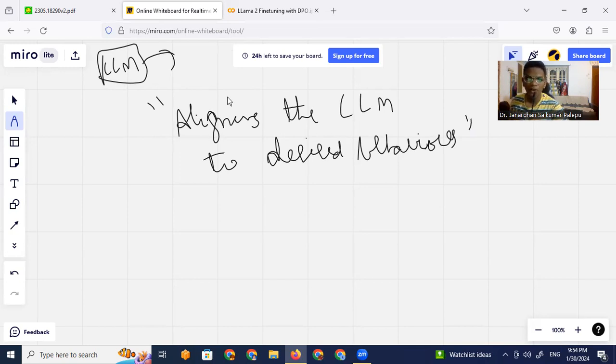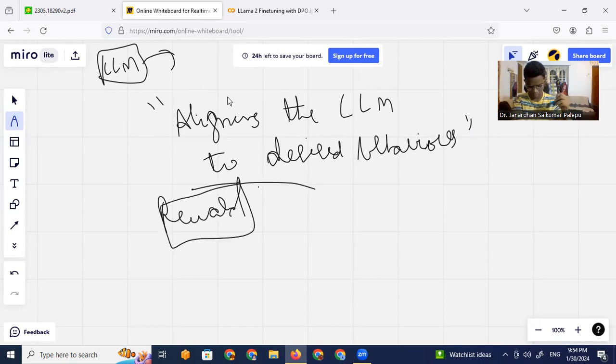In RLHF, we will first train a reward model. This reward model captures or understands the preferred behavior. We'll have a data set consisting of many questions and answers.